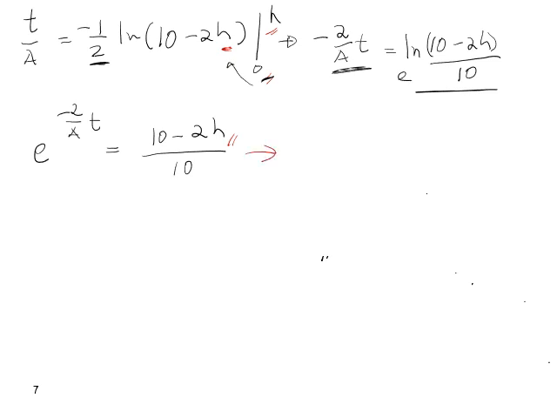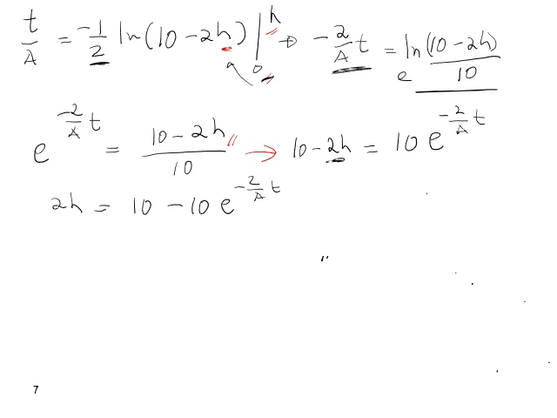From here 10 minus 2h is equal to 10 e to the minus 2 over A times t. Then 2h is equal to 10 minus 10 e to the minus 2 over A t. I can cancel 2 with 10, this is 5, this is 5, and then I can take 5 as a common factor.